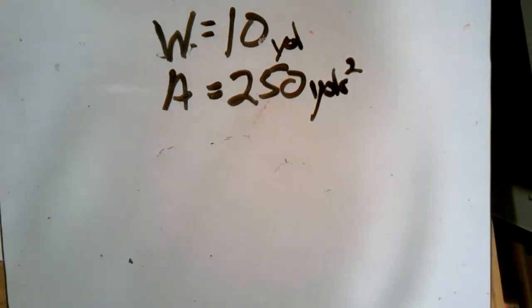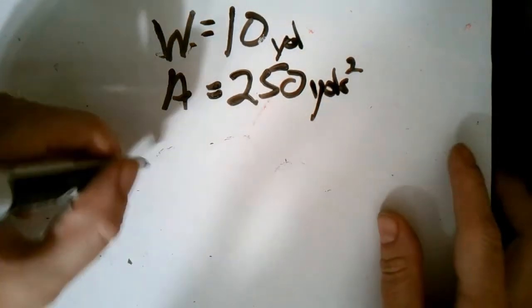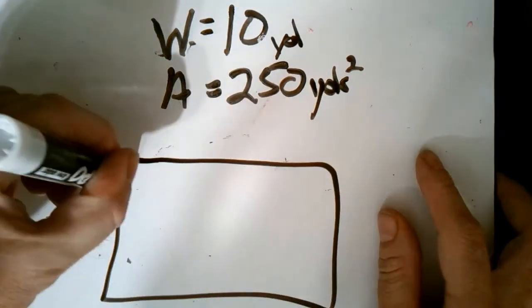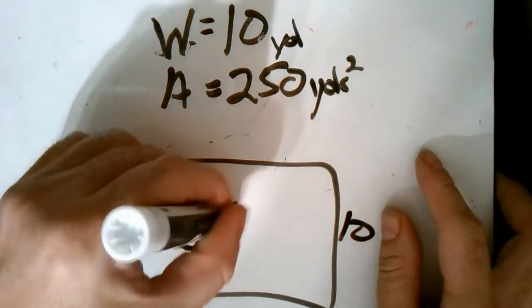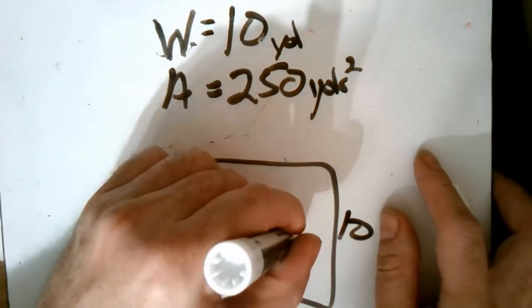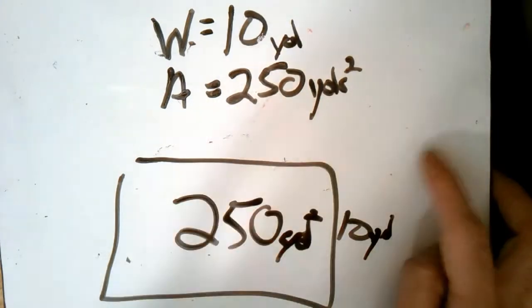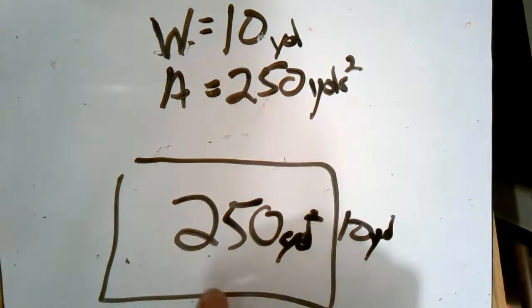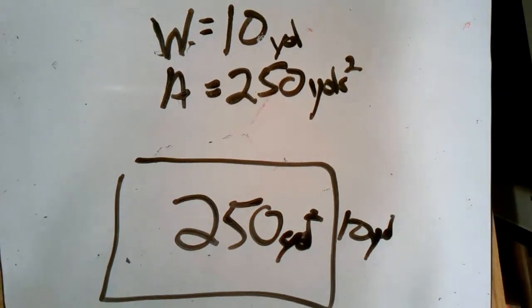I want to know what the length of my garden is. Well, I know that my width is 10. I know that the whole thing is 250 yards squared. How do I figure out my area? What's the formula for area?